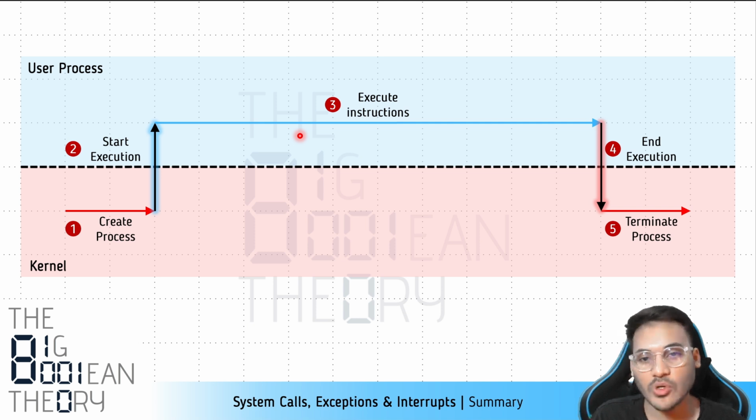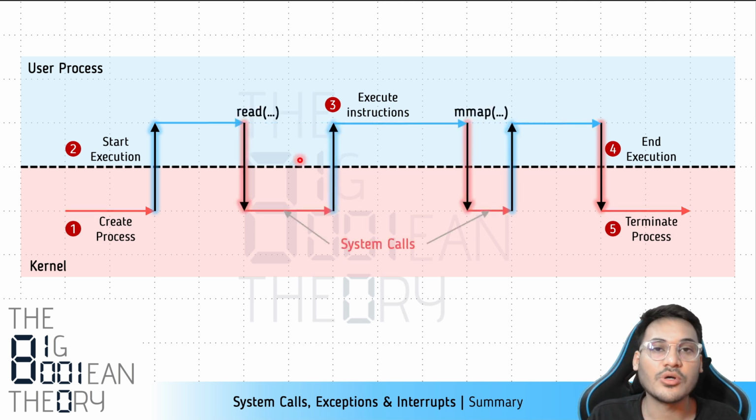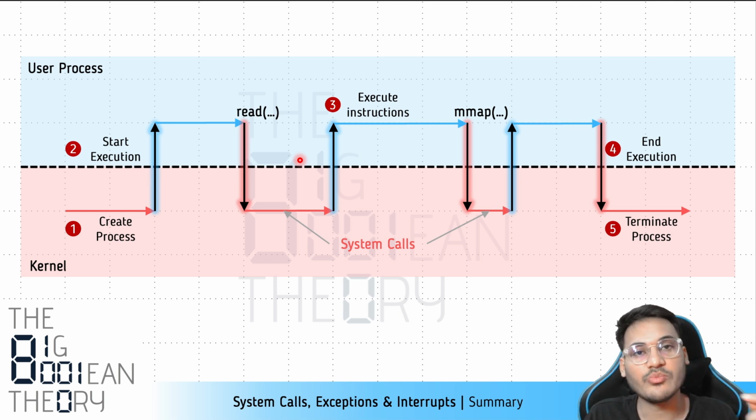During the lifetime of a process, very often the user process will request the operating system to perform certain operations on its behalf, and these operations are performed inside system calls, right? So basically, these are special operations which the user process requests the operating system to do for it, right? And in order to accomplish it, the control is transferred to the operating system, where the operating system executes a system call routine.